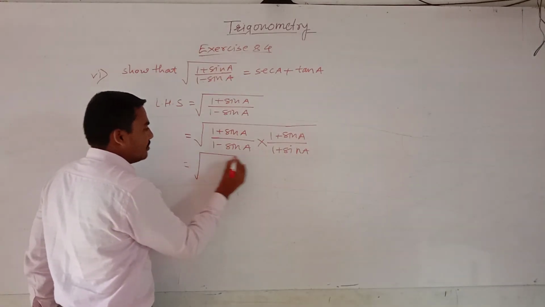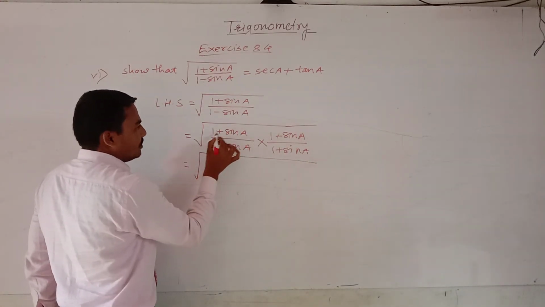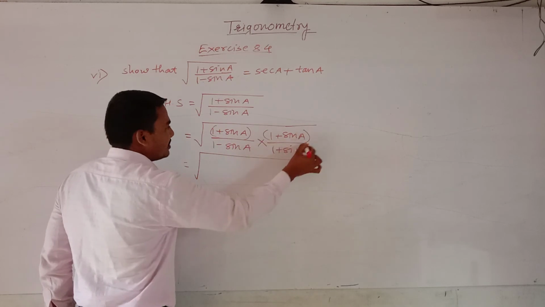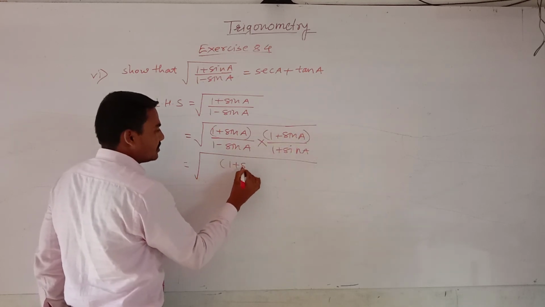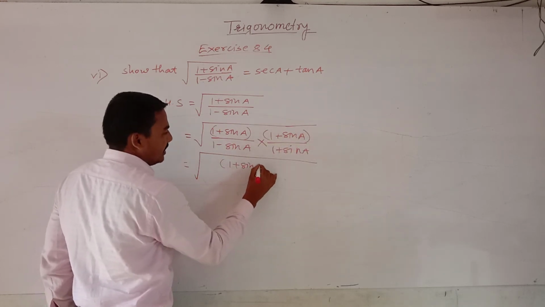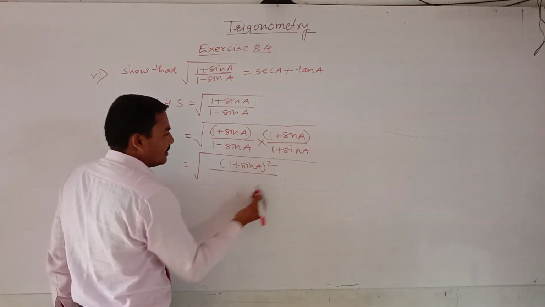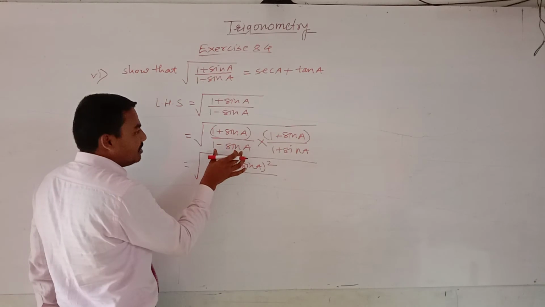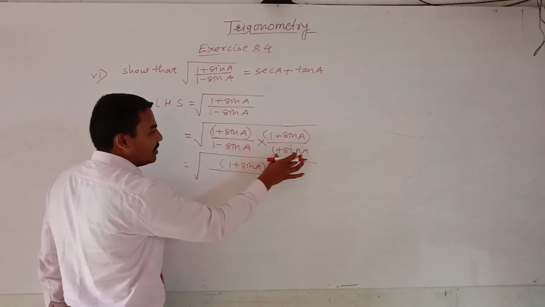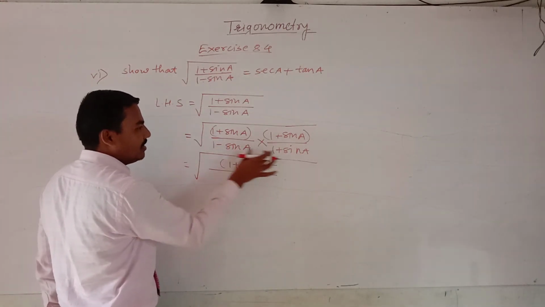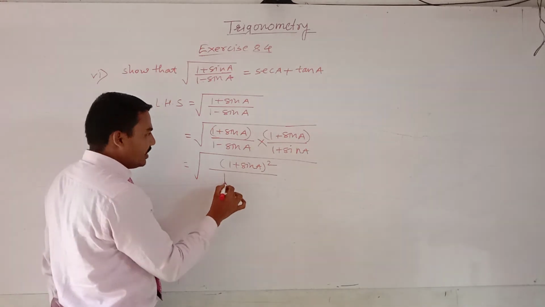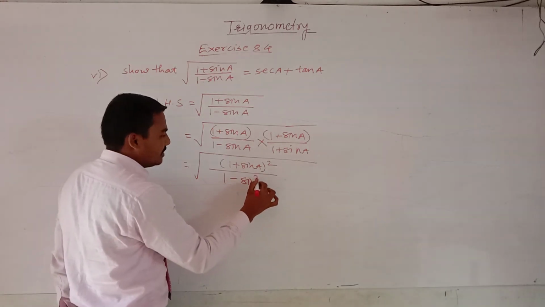So inside the bracket it remains 1 plus sin A, 1 plus sin A, it becomes 1 plus sin A bracket square. In denominator 1 minus sin A, 1 plus sin A means A minus B, A plus B, A square minus B square.